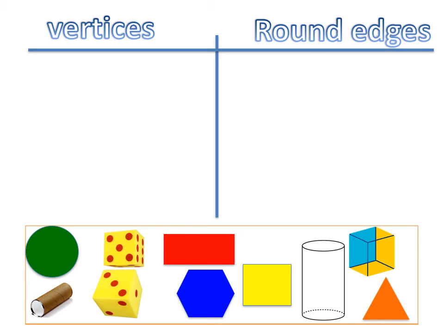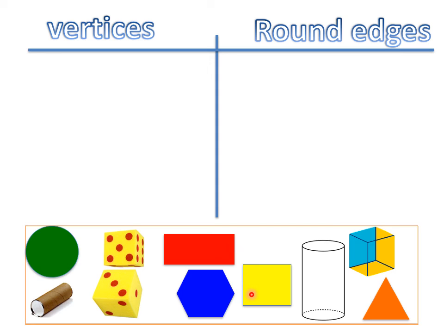So we've got our circle, okay, it's got no vertices. All right, and we've got our cylinder, it's got round edges, correct. Our cube has lots of vertices. Our hexagon has lots of vertices, and our rectangle as well.